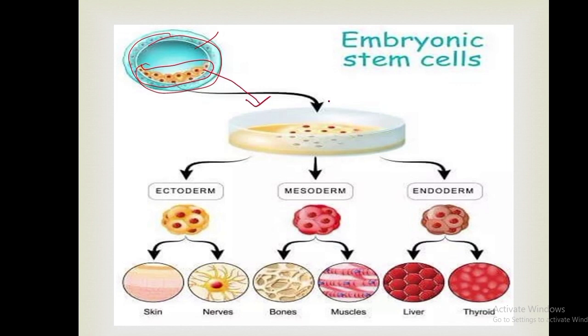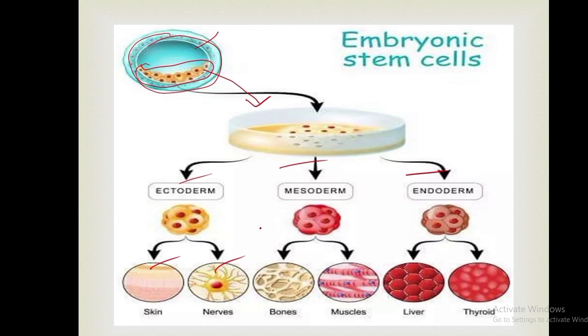Once stem cells are developed, then using different differentiation factors, these stem cells can be differentiated into different types like ectoderm, mesoderm, and endoderm, and after that they can be converted into skin cells, nerve cells, and many more. This is the mechanism by which embryonic stem cells can be generated.